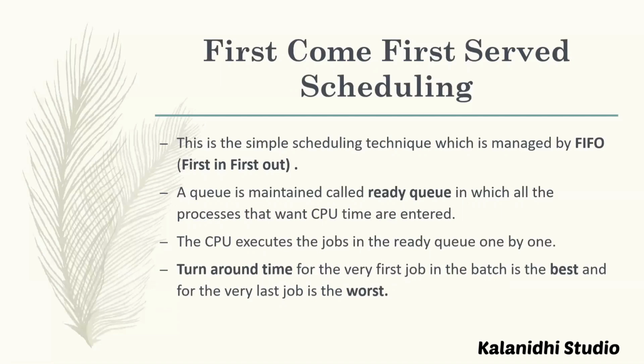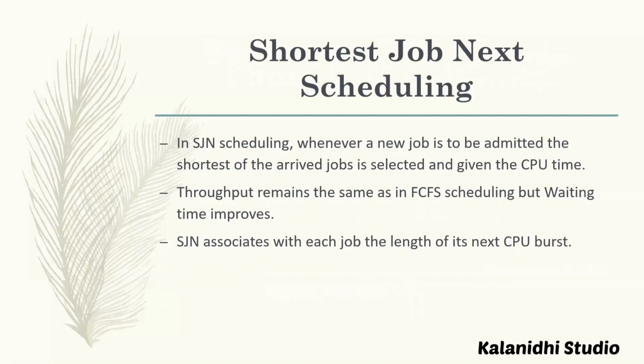The CPU executes the jobs in the ready queue one by one. Batch processing is one obvious example of FCFS scheduling, in which all jobs in the batch are executed one by one. But the turnaround time for the first job in the batch is the best, and for the very last job is the worst.